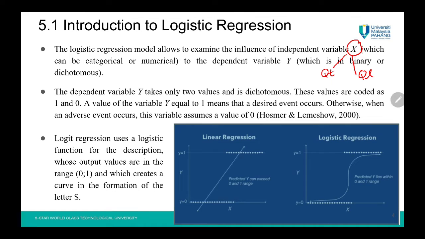Remember that dichotomous means the value of y will be coded as 1 and 0, where 1 means the desired event occurs, and 0 means the adverse event occurs. Adverse means that the contrary event occurs.